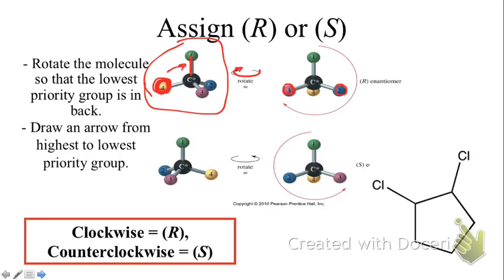Once that rotation's been completed, now we can assign R and S. We draw an arrow starting from priority number 1 to priority 2 to priority 3, and determine which direction we're turning, be it clockwise or counterclockwise. In this case, we're moving clockwise, which means we're looking at the R enantiomer.